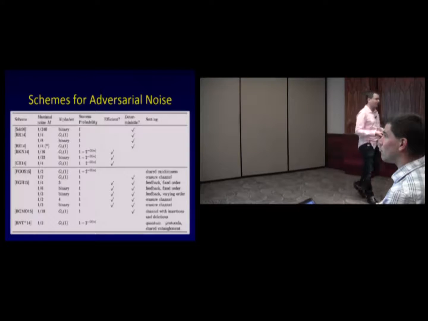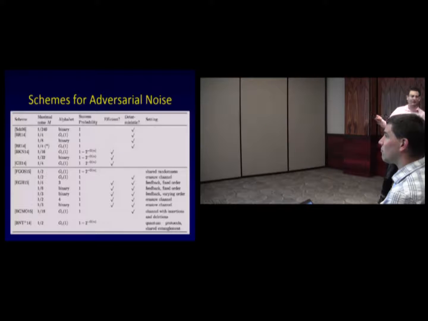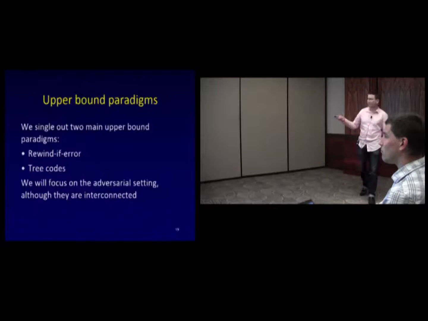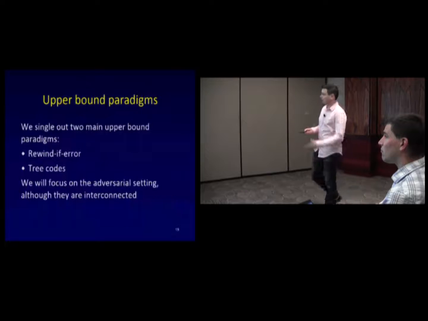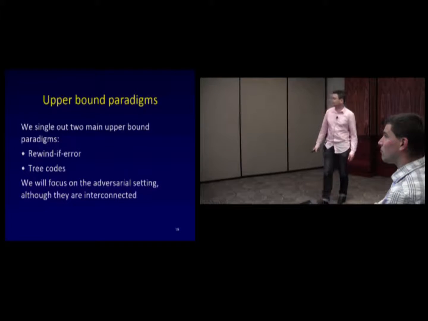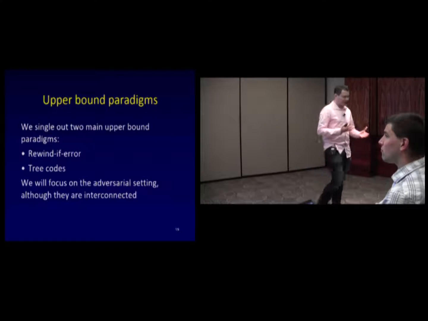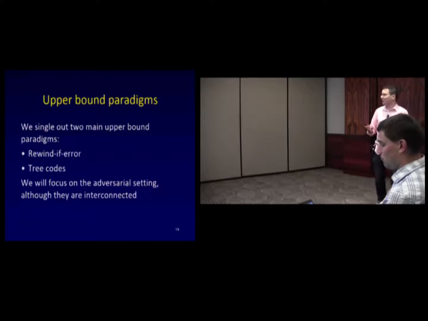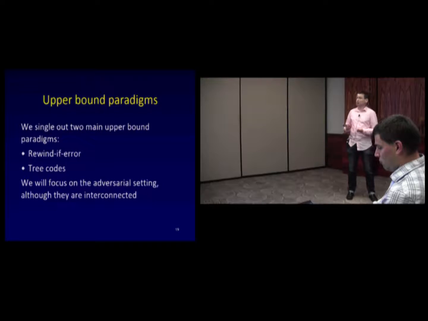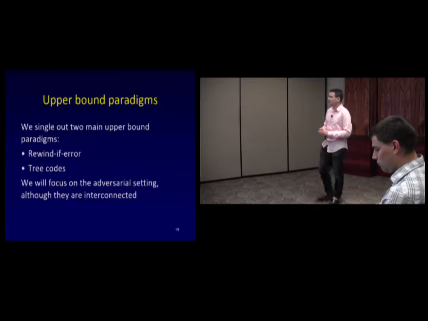Remember how there are many parameters, so you can linearize it, but it still looks like a big table. This is from Ron's survey. But luckily, for many of the results, we can single out two paradigms for doing the coding, and I'll discuss them.